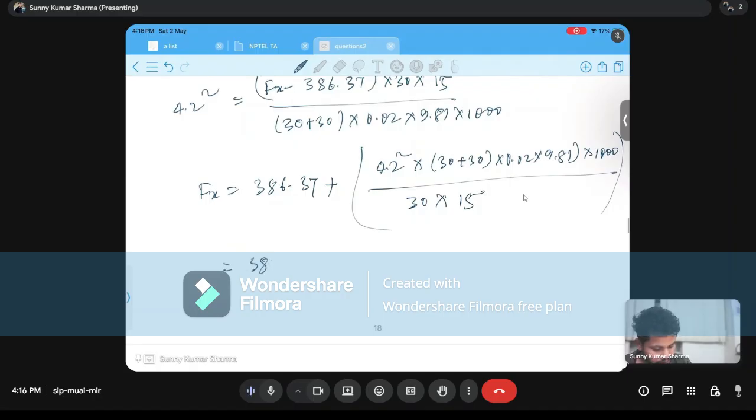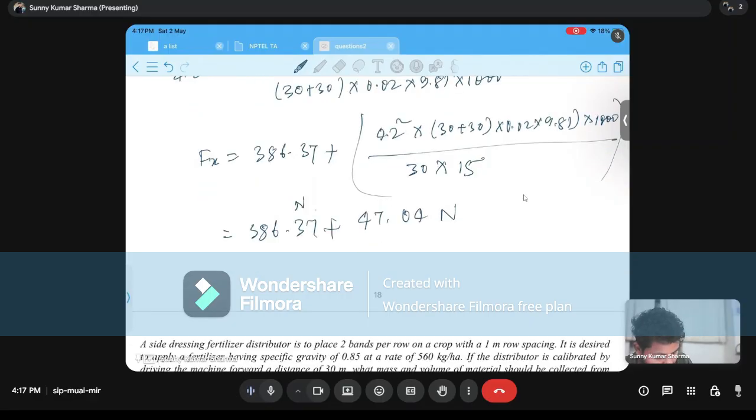So this is 386.37 plus this value, 4.2 into 4.2 into 16 into 0.02, and this is coming as 47.04 Newton. And this bending force was coming as 386.37 Newton.